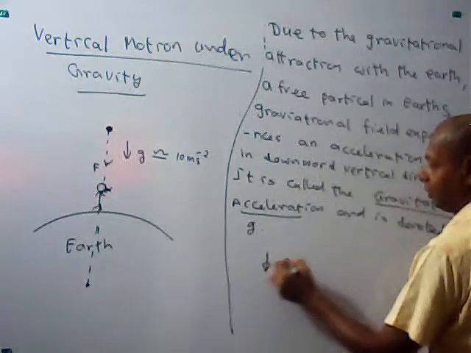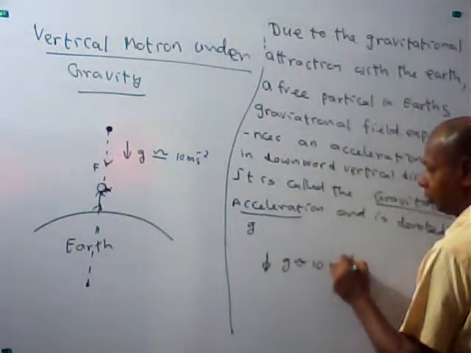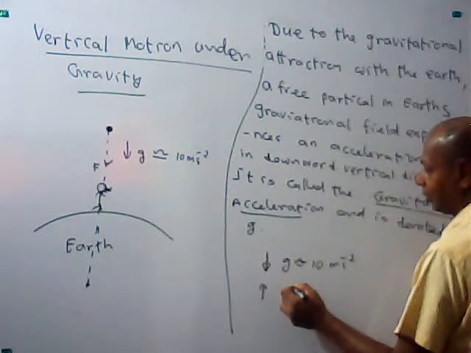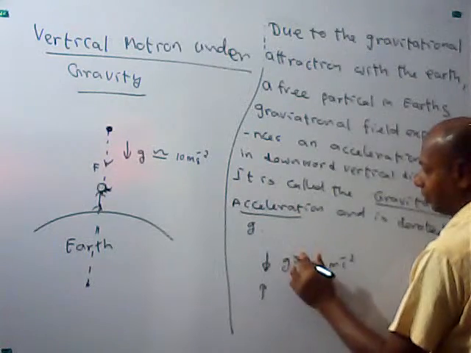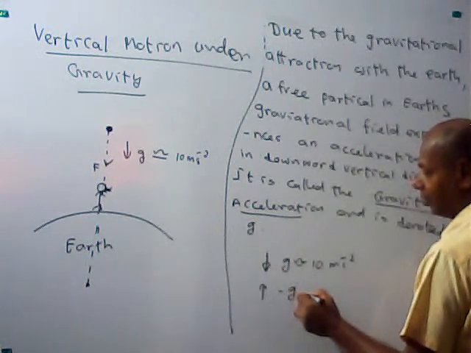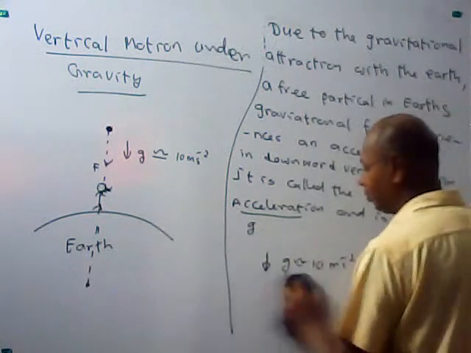Measured downwards, g is approximately 10 m s^-2. Measured upwards, it is approximately minus 10 m s^-2.